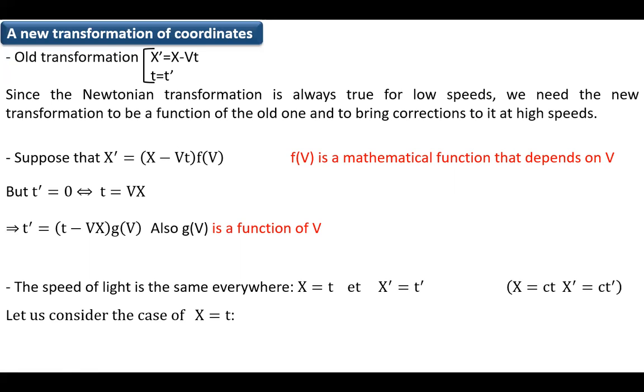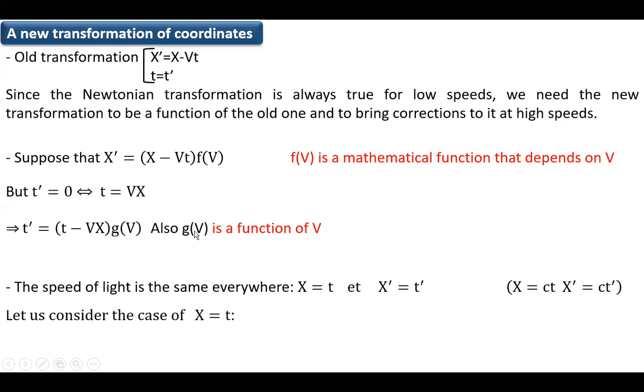And we know that when t prime equals 0, t equals vx. So t minus vx is also equal to 0, so it is also equal to t prime. We can say that t prime is equal to t minus vx, which is also 0, times a certain function g of v.